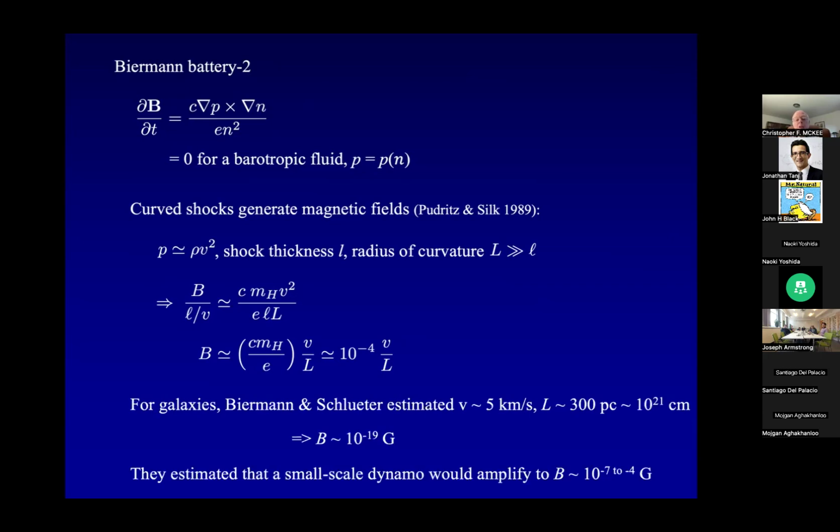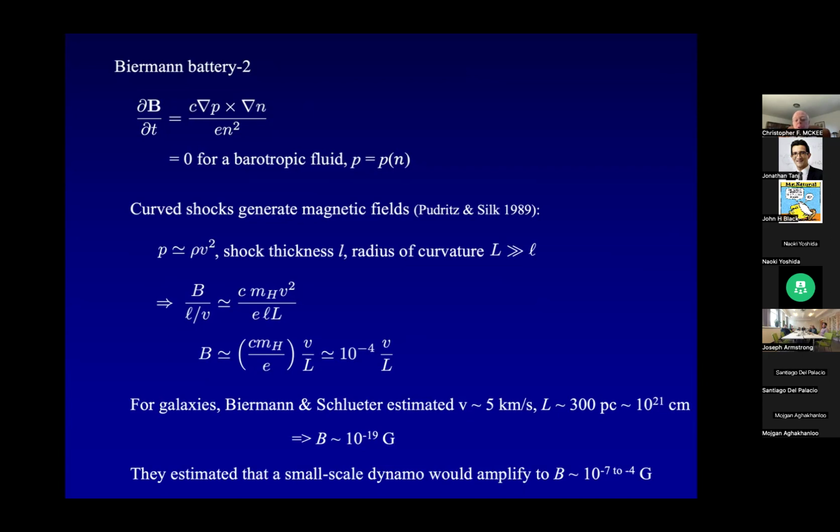So for galaxies, Biermann and Schlüter estimated of order 5 kilometers per second velocity, size scale of a few hundred parsecs, and therefore they concluded the field that would be generated by this mechanism would be around 10 to the minus 19th Gauss. And then they estimated that a small scale dynamo could amplify that to of order 10 to the minus 7 to 10 to the minus 4 Gauss. So I think that's really quite remarkable.